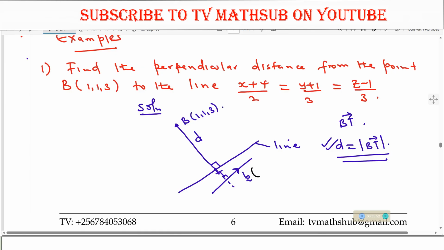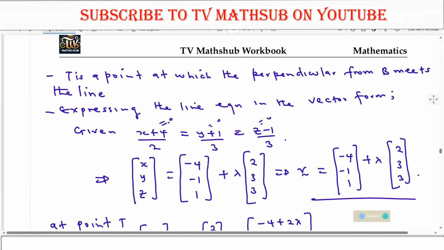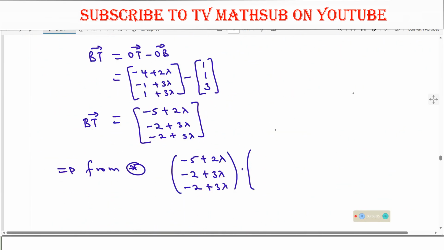It is 2, 3, 3, provided the coefficients for x, y, and z are 1. As simple as that. So that is the one we shall dot with here, 2, 3, 3, and this must give us 0.